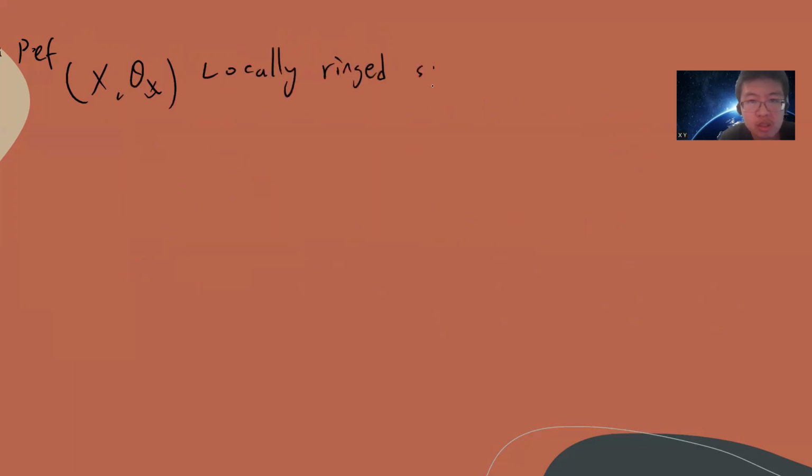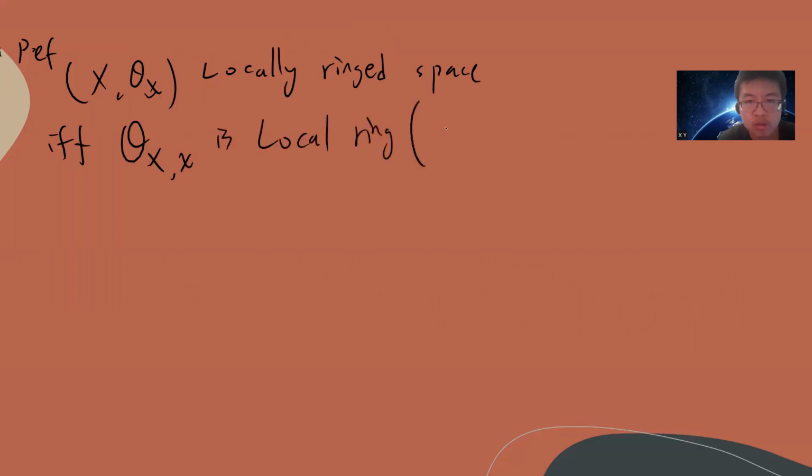Quickly, remember there's a definition for a local ringed space. (X, O_X) is a local ringed space if O_X at each stalk is a local ring. A local ring basically means that there's a unique maximal ideal.